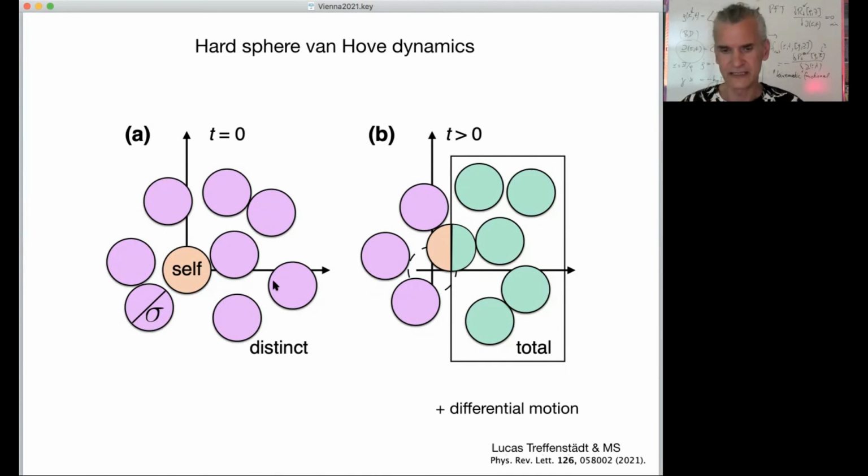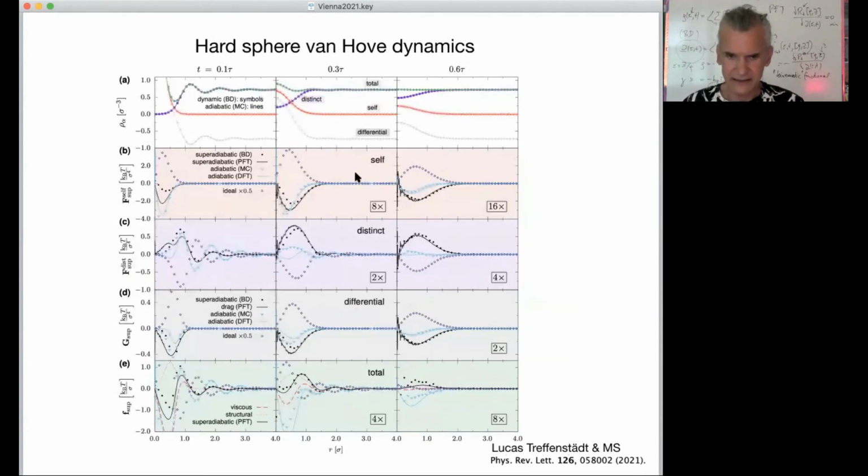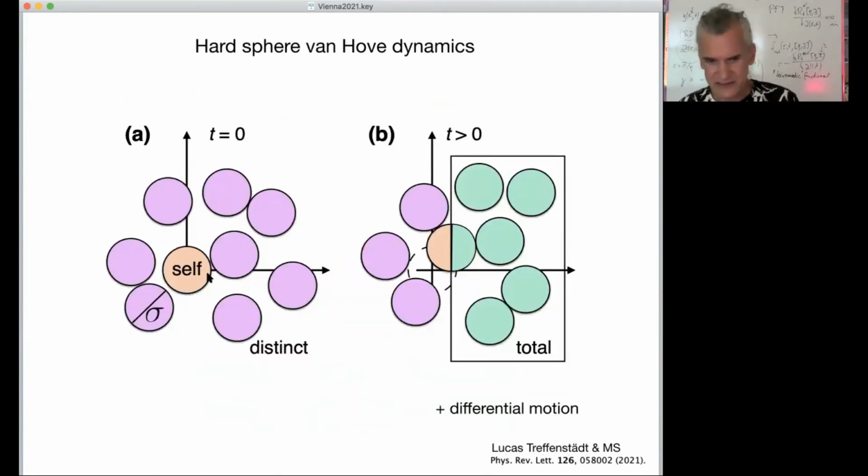Strangely enough, it's a non-equilibrium problem on the one-body level because the self-particle is fixed at the origin initially. And okay, that's an overkill plot, of course, but we find the same type of superadiabatic forces that we find in other systems. When the system is driven, one can identify superadiabatic forces that just depend on the way the system moves, but not on the type of drive.